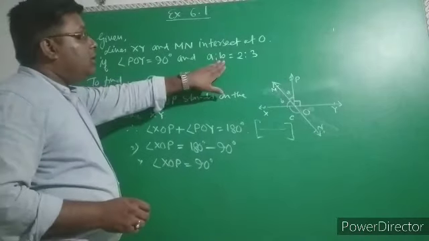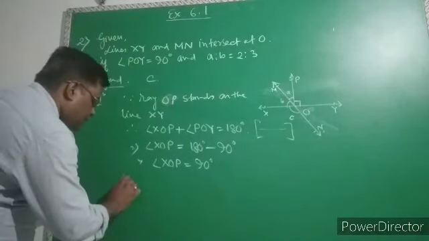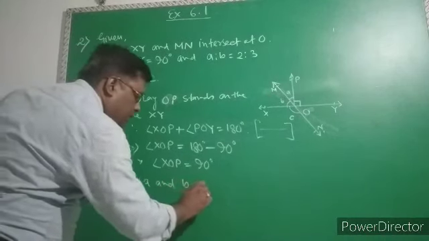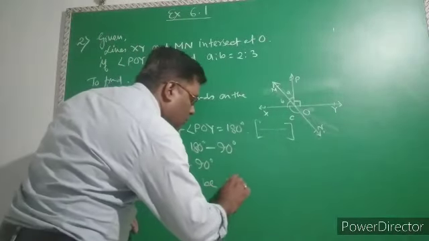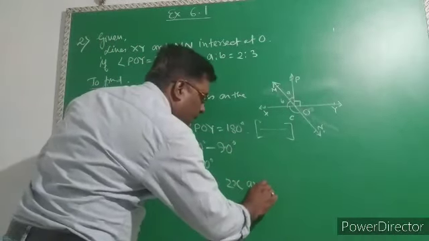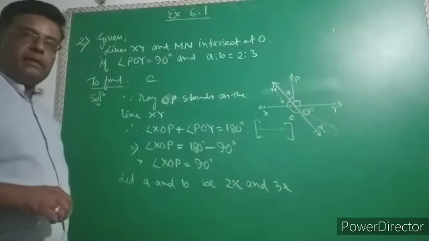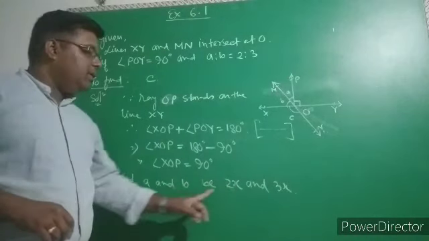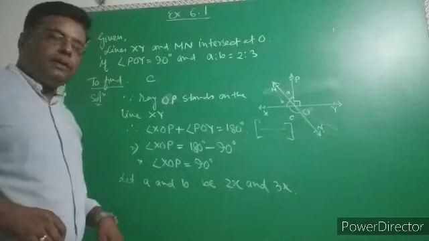So according to the question, A is to B equal to 2 is to 3. So let A and B be twice x and thrice x, because the ratio is 2 is to 3.